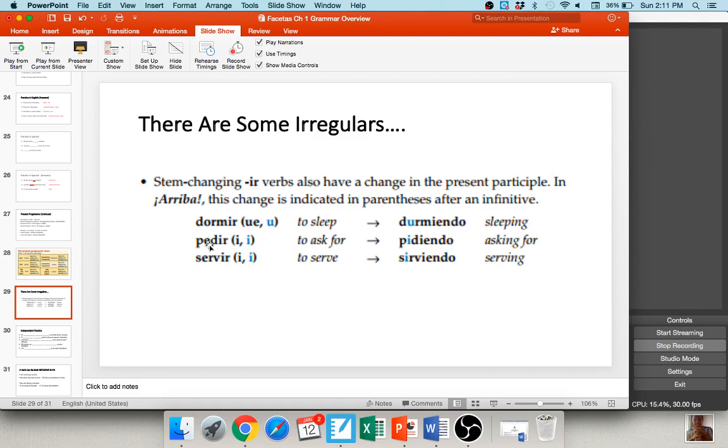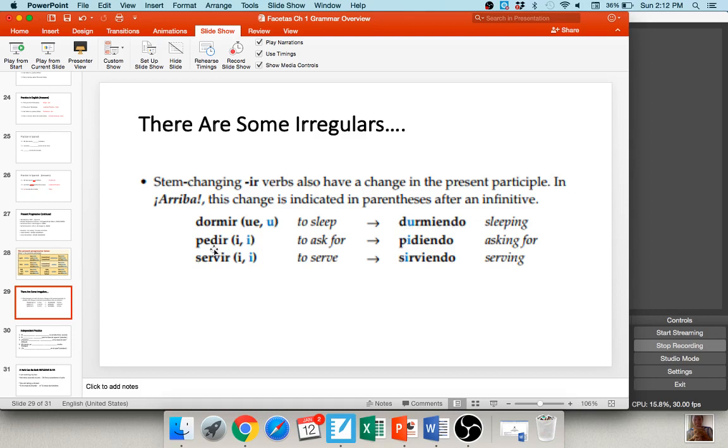So for example, when you think about the verb dormir, which we talked about earlier, dormir has a stem change from O to UE in the present tense. Therefore, in the participle form, rather than changing from O to UE to end up with duermiendo or something like that, we're going to only change from O to U, ending up with durmiendo. Okay?